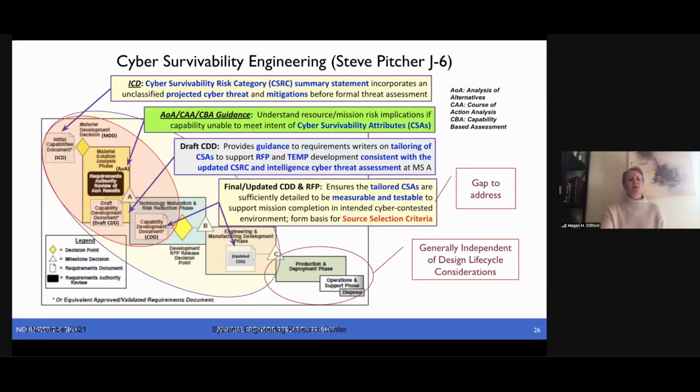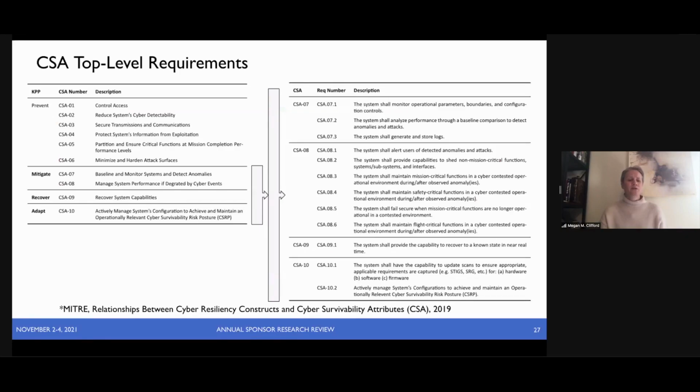So what we're really looking to do, and you can just jump to the next slide too, is to put forest and our trees to use in determining metrics to put into specification, then into test and evaluation for intentional design. And so here are the cyber survivability attribute top level requirements.